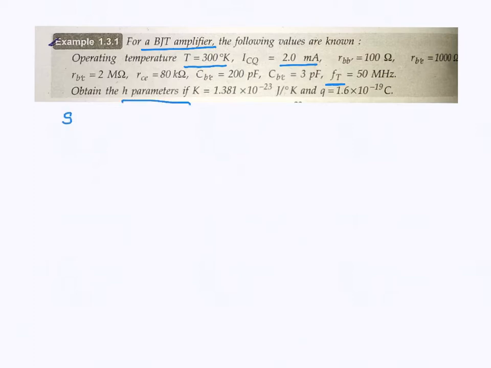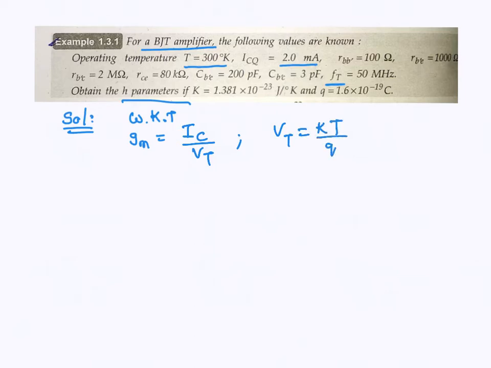So the solution. We know that the formula for Gm is Gm equal to Ic by Vt, and we know that Vt equals kT by q. Here K is nothing but the Boltzmann constant.